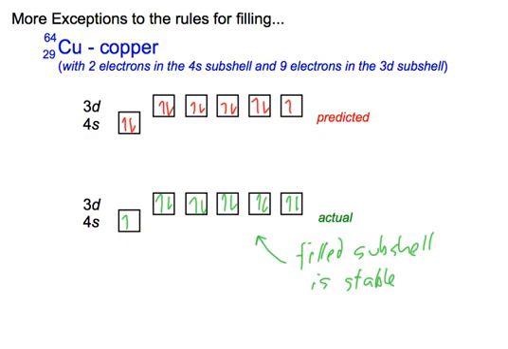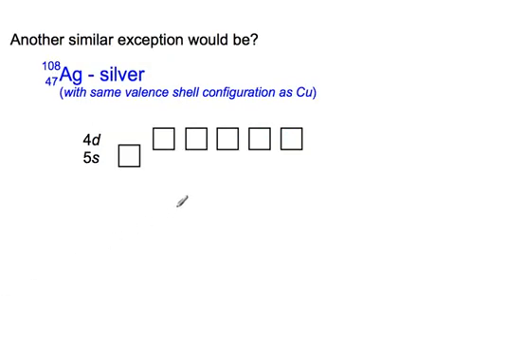Well, directly below copper, we find silver. So once again, silver will have an exception to the predicted energy level diagram, where we have 10 electrons in the 3D subshell instead of 9, and only a single electron in the 5s subshell.